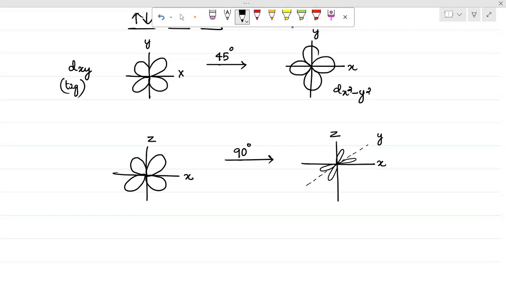So what has happened? This dxz is also a member of T2G orbital. Correct? So mainly when you have T2G orbitals like dxz, dxy, and this one now has become dyz. Correct? This one also. So these three orbitals which are a part of T2G upon rotation get converted into some other sort of orbitals.